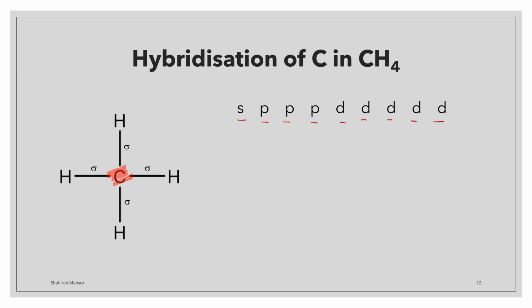Okay, next, kira bilangan sigma on the central atom carbon. So in the central atom, kita ada sebanyak 1, 2, 3, 4 sigma. So by knowing the sigma, kita susun pada list di sini. Okay, sebanyak 4 sigma. 1, 2, 3, 4.